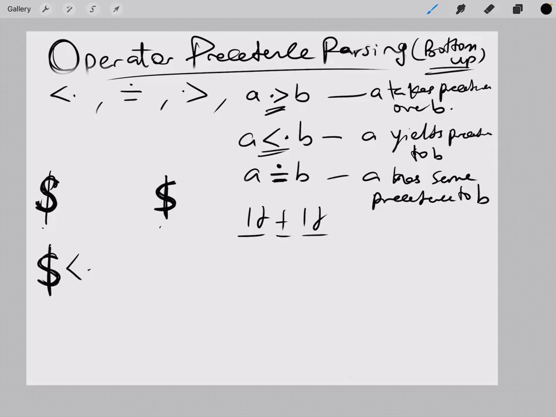We want there to be some structure. We want precedence to fall into place. So we just say that id is of greater precedence. Dollar sign yields precedence to id, because id is more important.